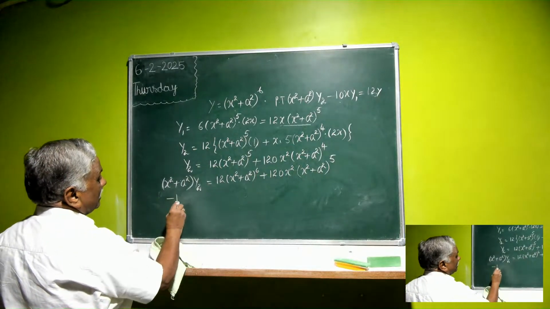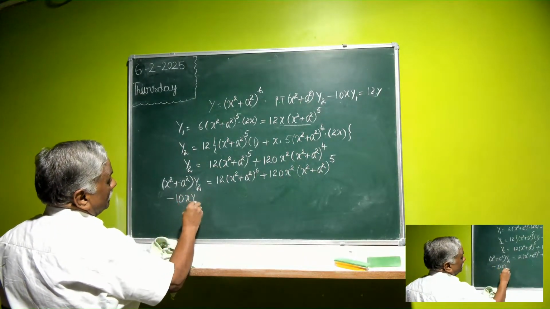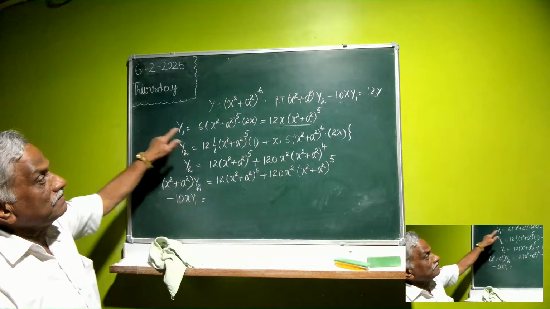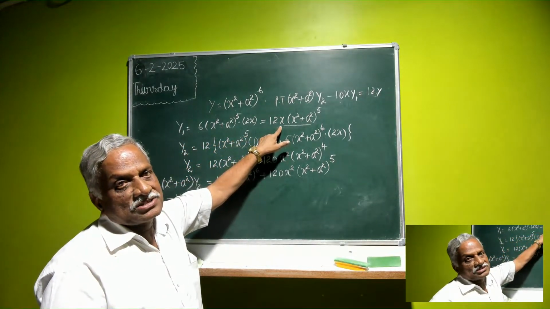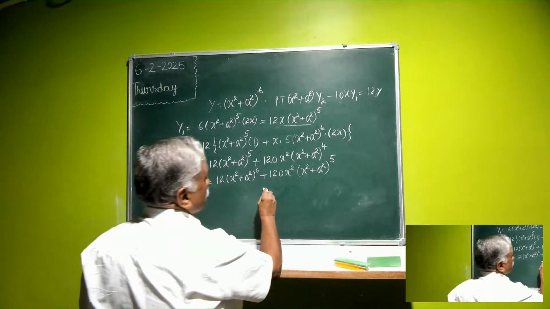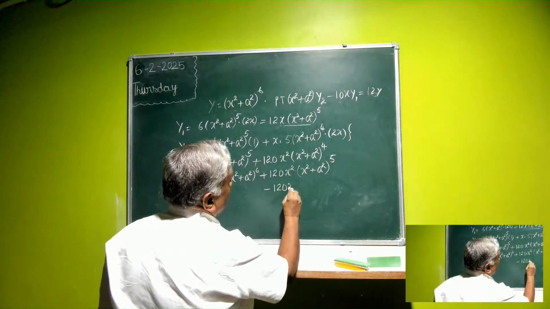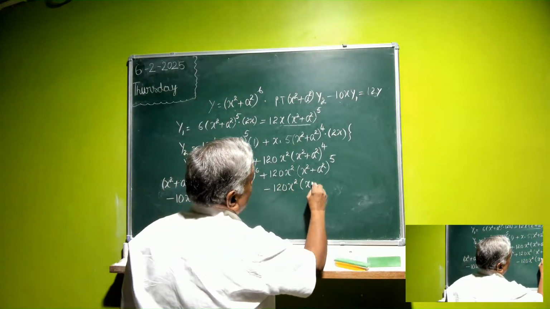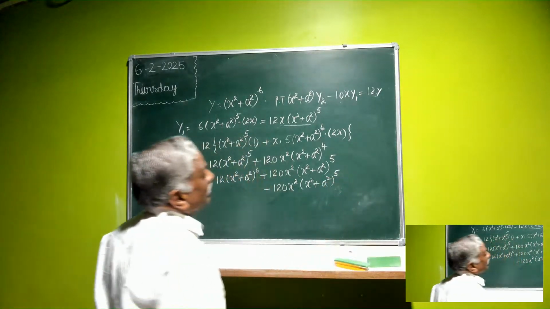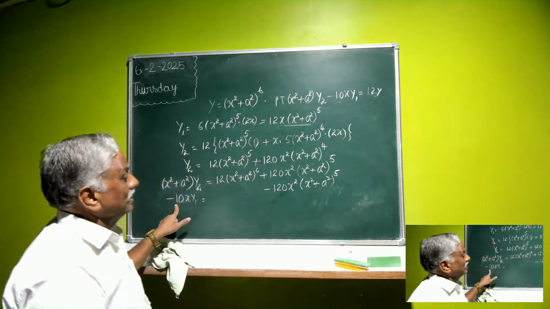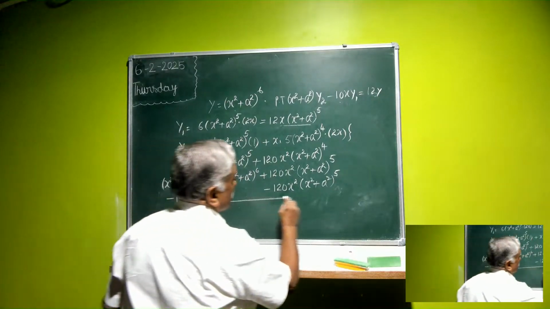So take that term. You have to multiply y1, this is the simplified version, by minus 10. So it becomes minus 120 x square (x square plus a square) to the power of 5. I am multiplying y1 by minus 10. Let us close this.